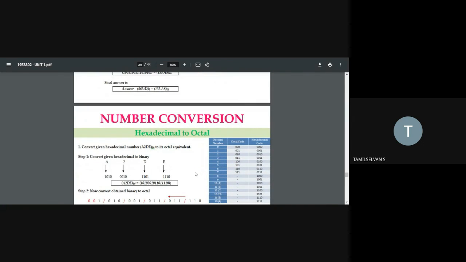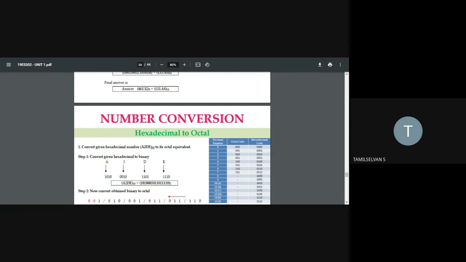Okay, so there is another indirect methodology, hexadecimal to octal number. In this concept, first we have to convert the hexadecimal number into a binary number. That binary number is then converted into an octal number finally, right? So first we convert the given hexadecimal number into a binary number.